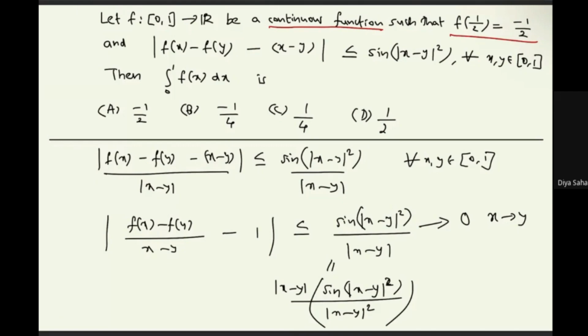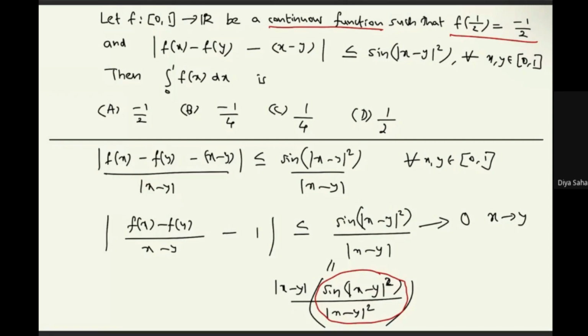It didn't come from nowhere. You did it for a reason, because you know that this limit exists: limit x tends to 0, sine x by x, is 1. It's in a similar form. That is why you did that. If someone doesn't know that, they are not going to do it.